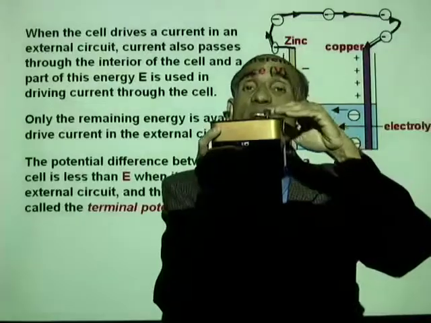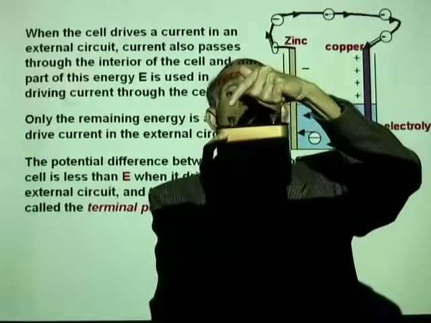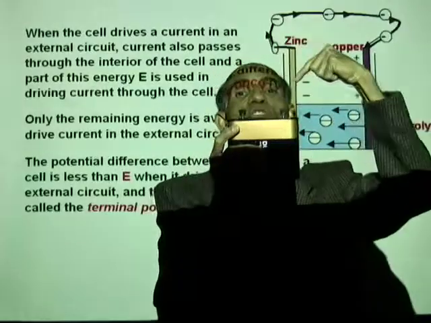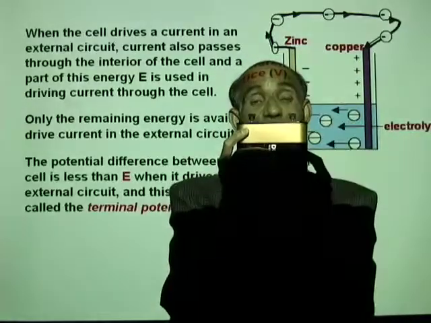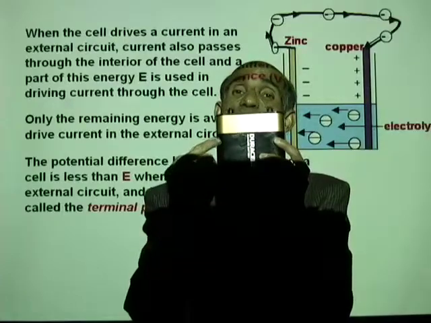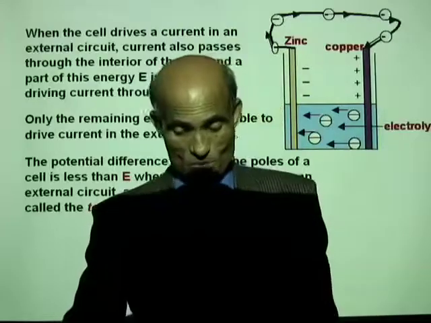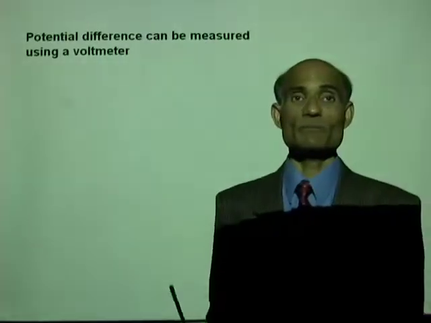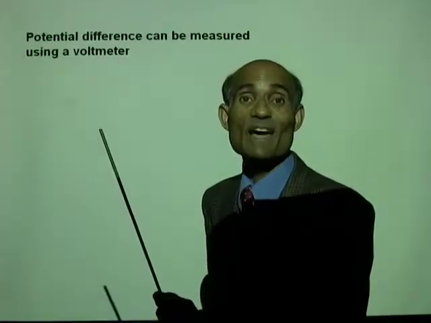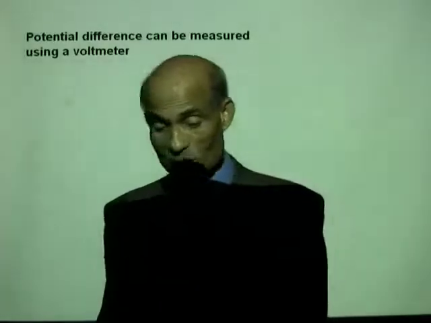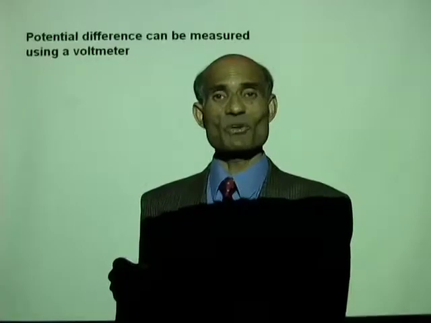Because the voltmeter then will read the potential difference across the conductor, which is a measure of the energy used in driving current in that external conductor. Why is it less? Because part of the EMF is used in driving current internally through the cell. Okay. Now, potential difference can be measured using a voltmeter. Let me see if I can demonstrate that to you before I draw the diagrams for you.